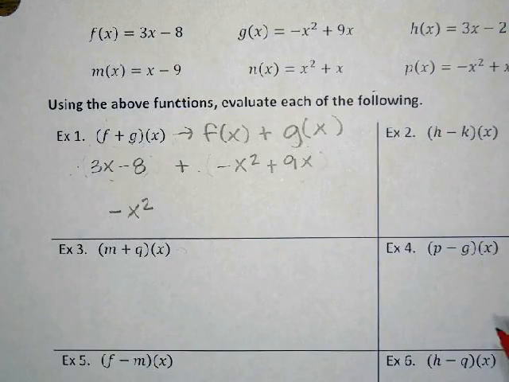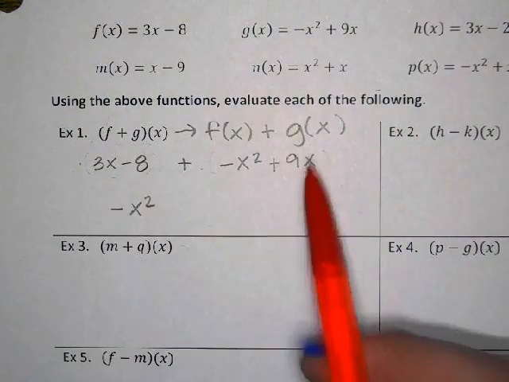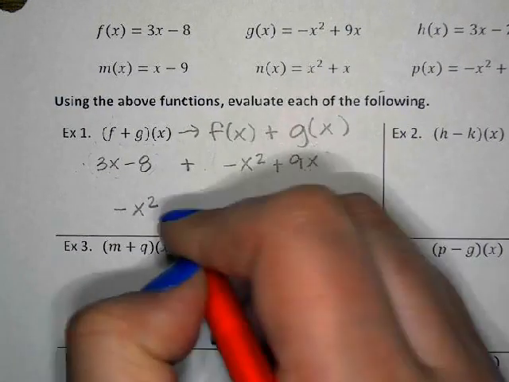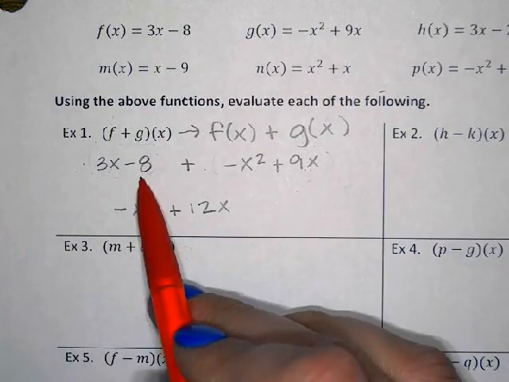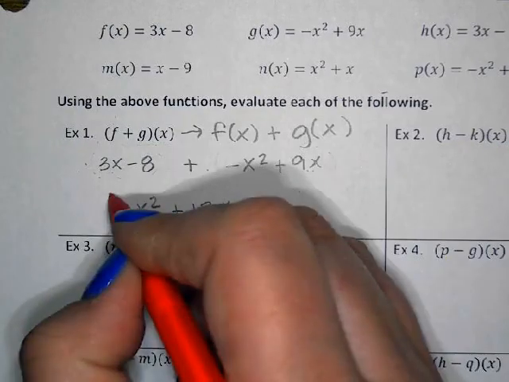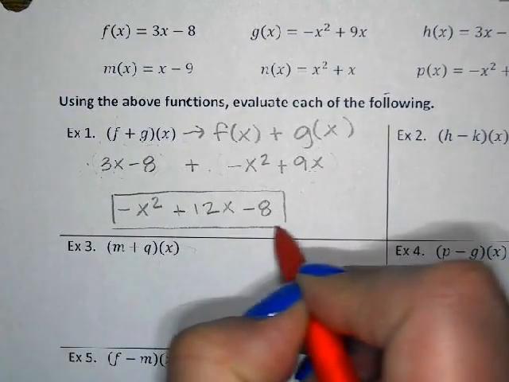Then what else do I have? I'm going to add the 9x and the 3x and I get 12x. And then I've got negative 8, and I'm done. So my final answer is negative x squared plus 12x minus 8. Finished.